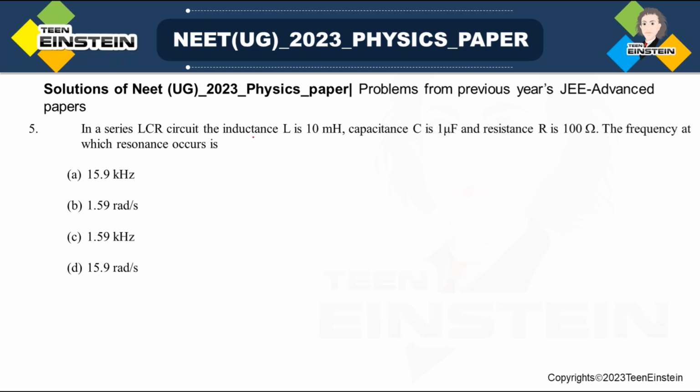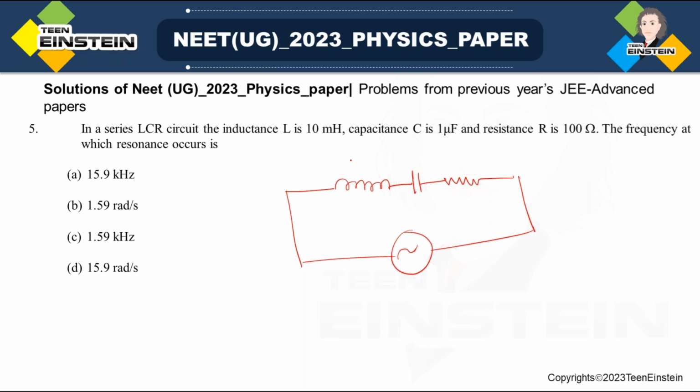So here, in a series LCR circuit, suppose there is a sinusoidal voltage applied to this. So L, C, and R. L has got 10 millihenry, C is 1 microfarad, and R is 100 ohm.